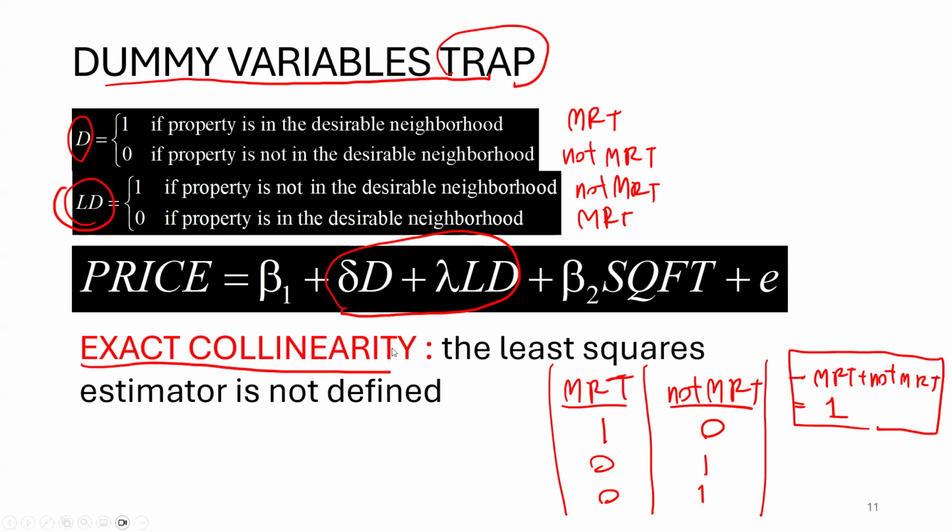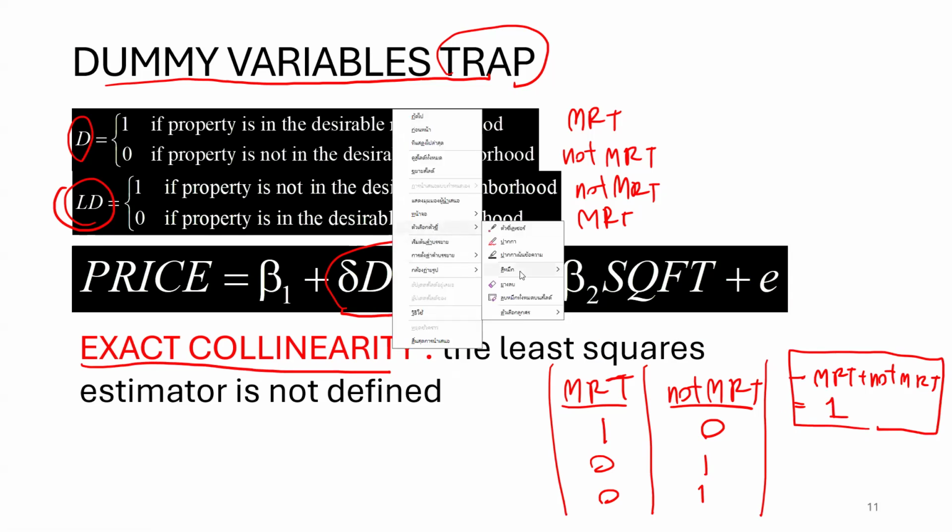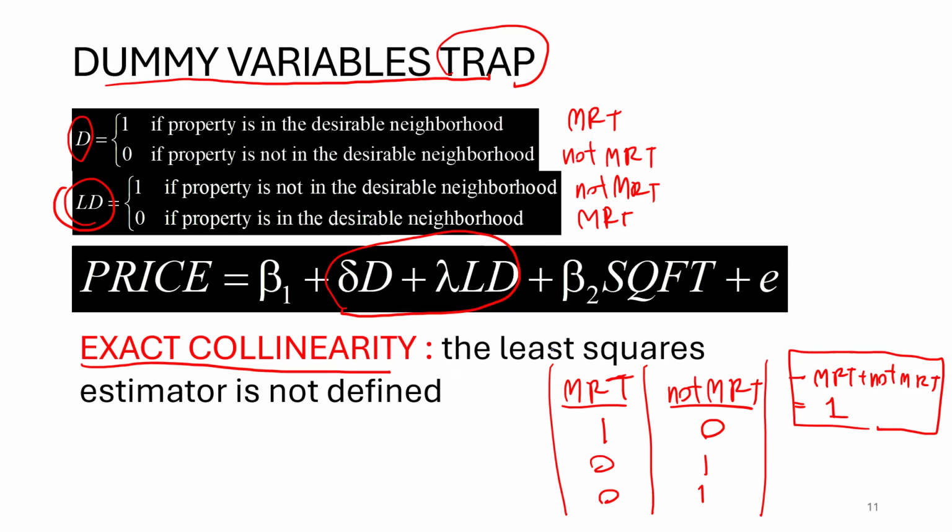You may learn it later, but the meaning is that if you put two dummy variables for the same category, the least squares estimator is not defined. This means you cannot find the answer.